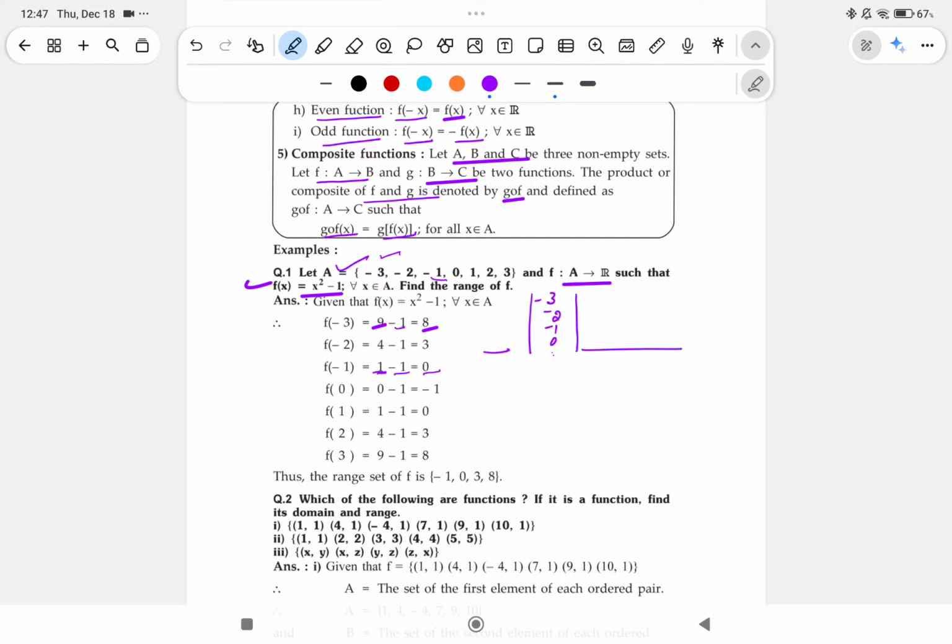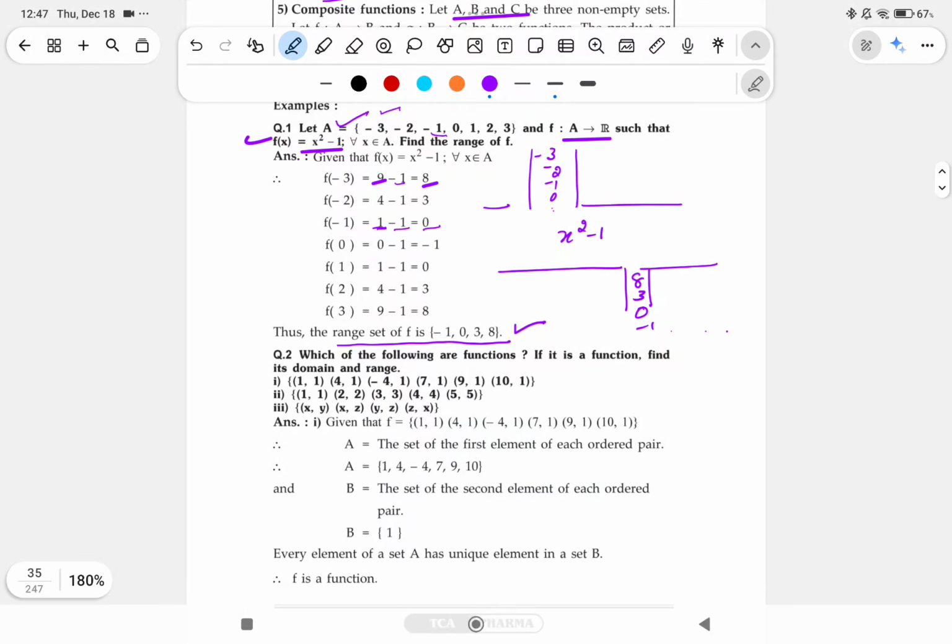When they are operated by the function x square minus 1, you get outputs: the numbers 8, 3, 0, minus 1 and so on. Whatever outputs you are getting, that is your range. I hope all of you have understood this.